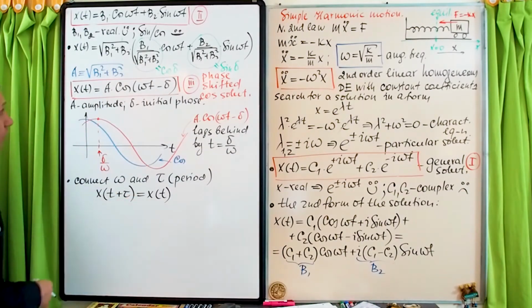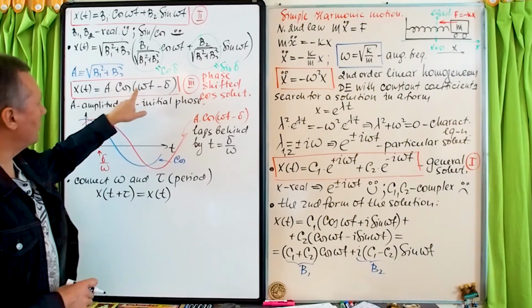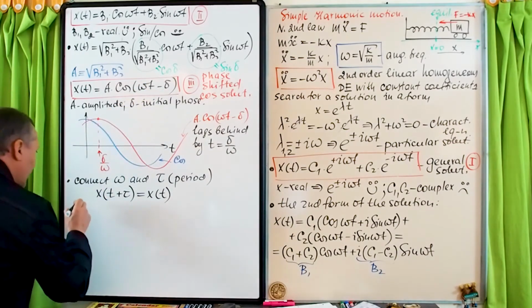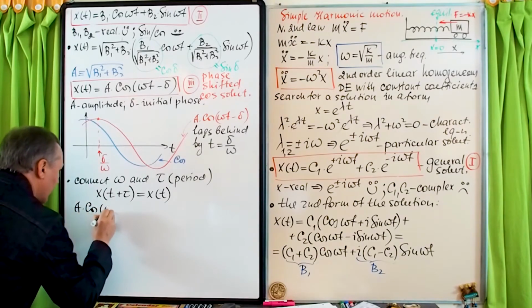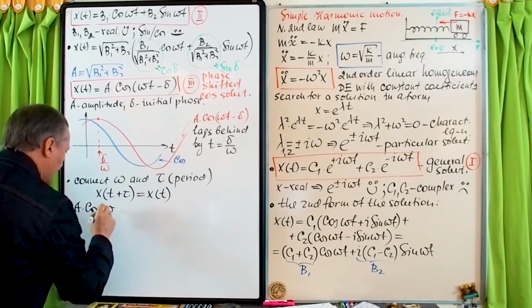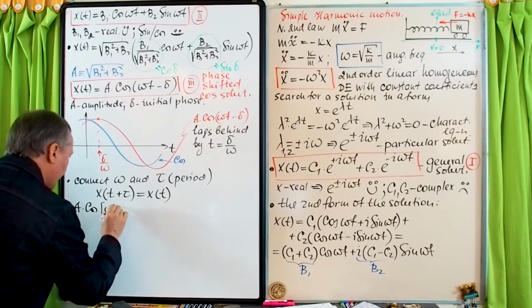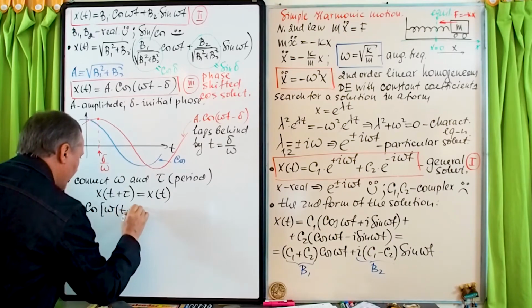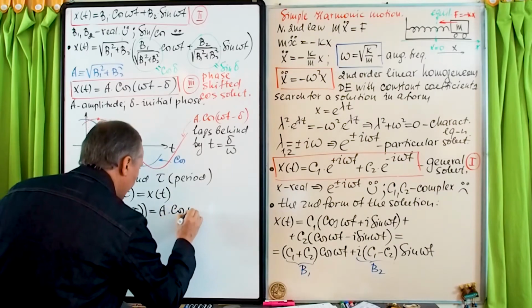Right, so now, I will forget about delta. It's not going to change anything. So I'll just play with omega t. So it will be a cosine omega, let me use a square bracket, t plus tau, equals a cosine omega t.